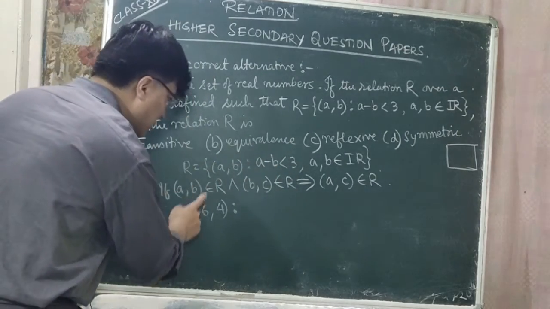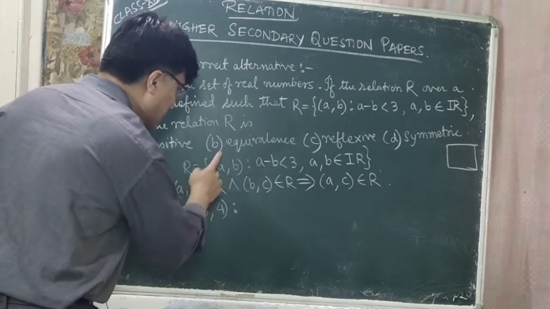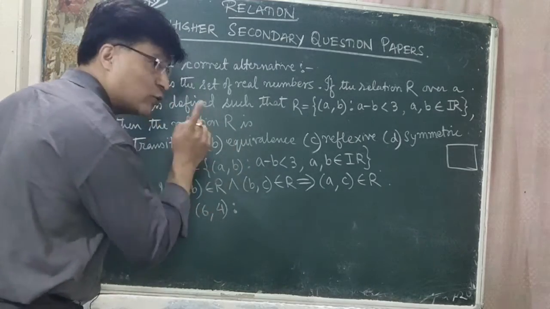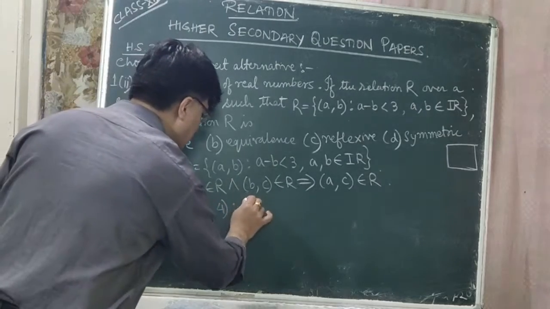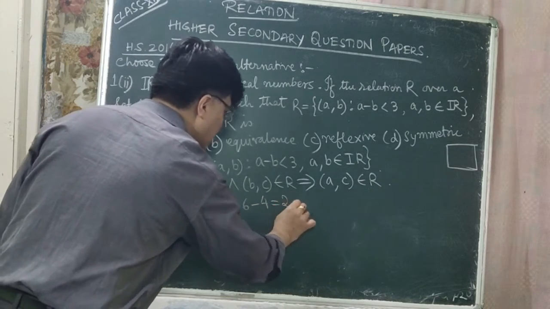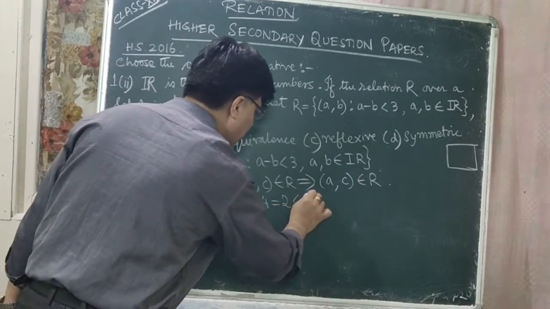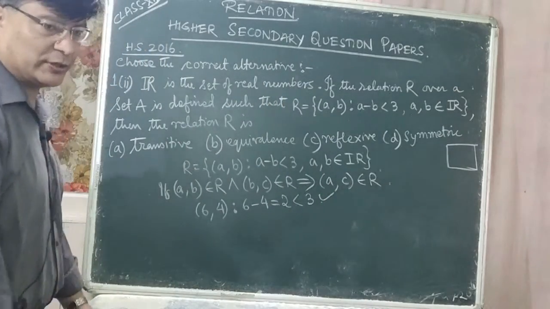Here a is equal to 6 and b is equal to 4, and a minus b should be less than 3. That is, 6 minus 4 is equal to 2, which is obviously less than 3. So this is a correct relation.